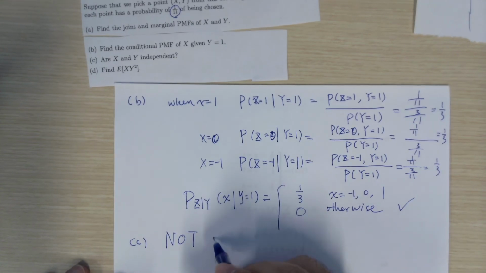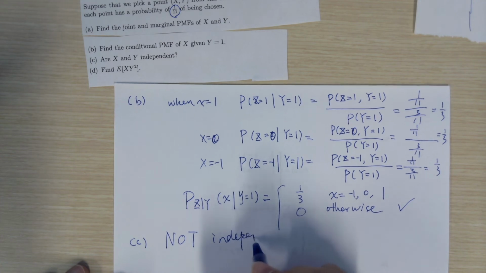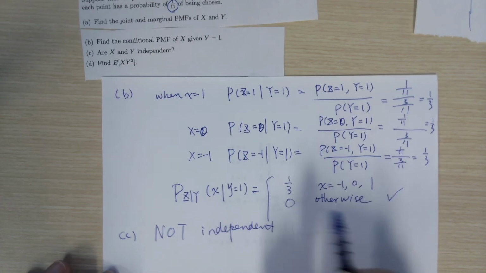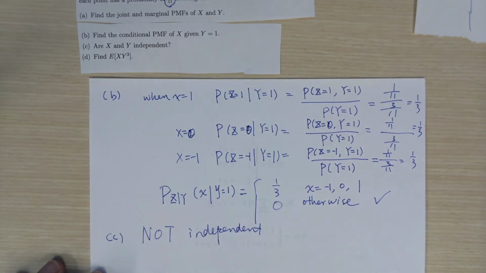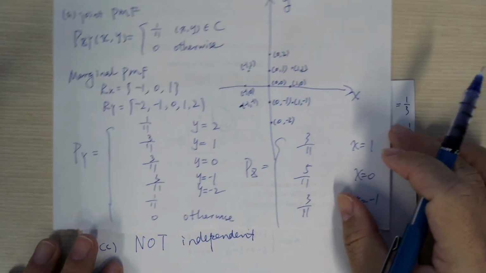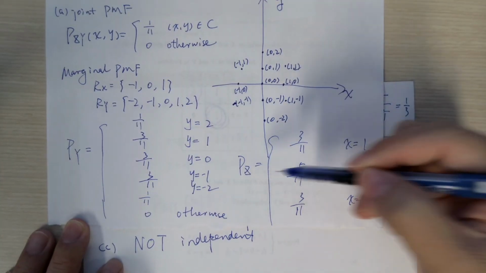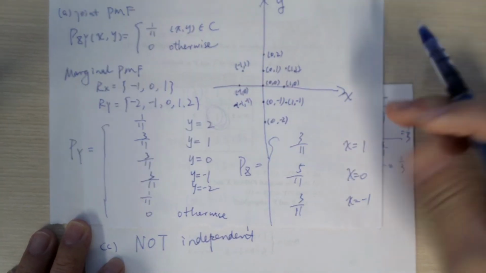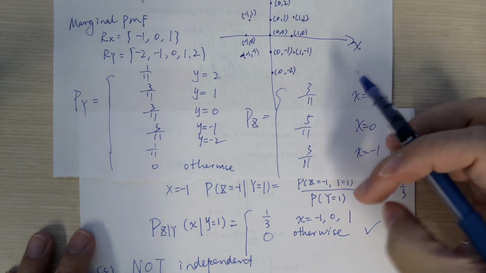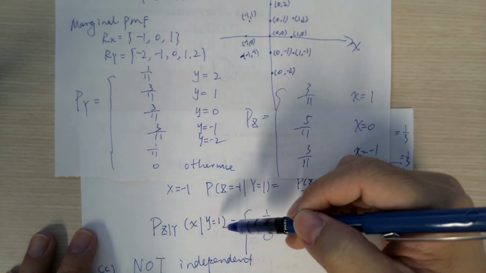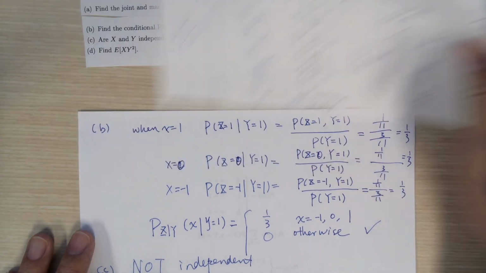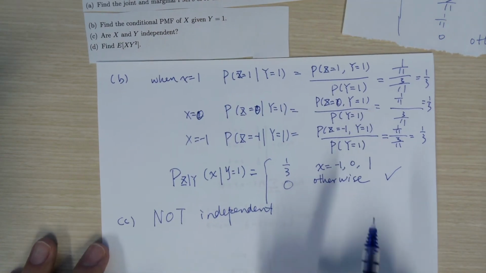Why? Because the conditional PMF for X does not agree with the corresponding marginal PMF for X. If they are independent, those two should be exactly the same, without the effect of Y. So that's why it's not independent.